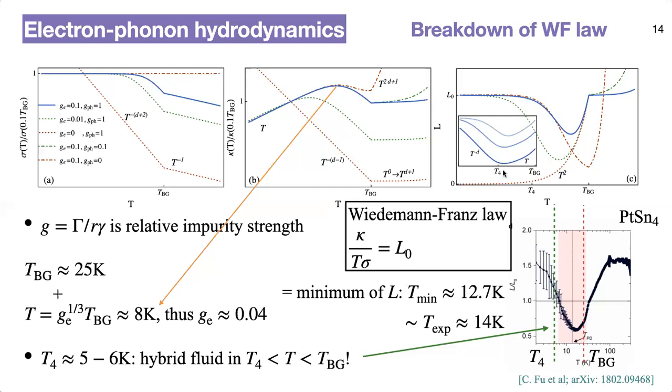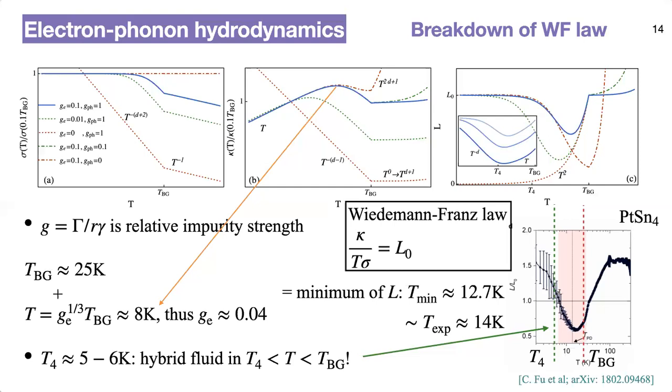The details are given in the paper, but we can show that it is indeed approaching the T4 temperature. So in that sense, the impurity strength is equivalent for the electrons and phonons, and we may expect a strong variation without too much sensitivity on the impurity strength. Yeah, thanks. Are there further questions?